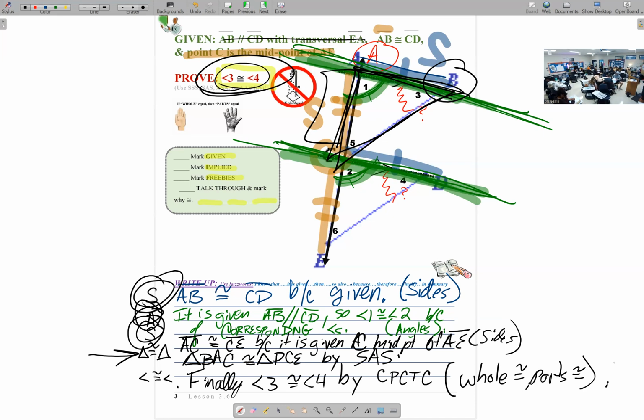What's happening here? I know there's parallel. There's a B there.